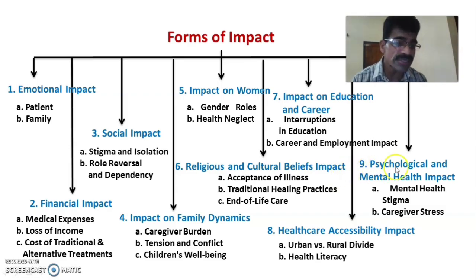Then the ninth and last one is psychological and mental health impact, that is mental health stigma in society and caregiver stress. So these are the 9 different forms of impact that occur in the family during illness and diseases in a person or family members.